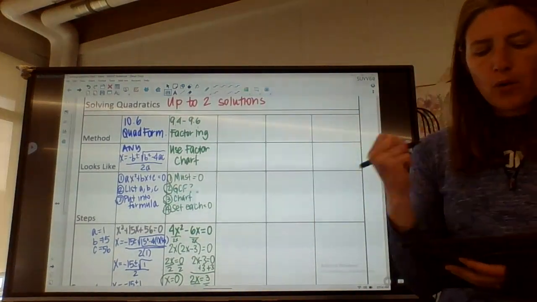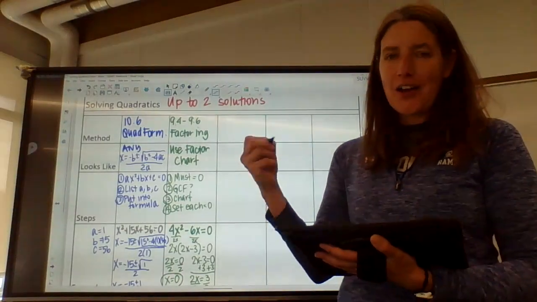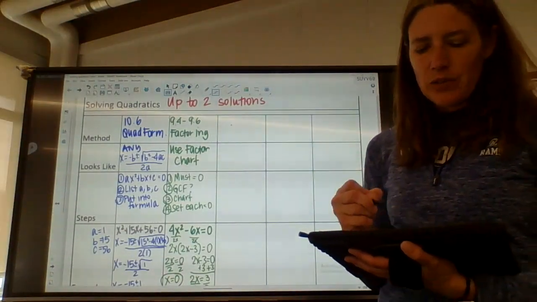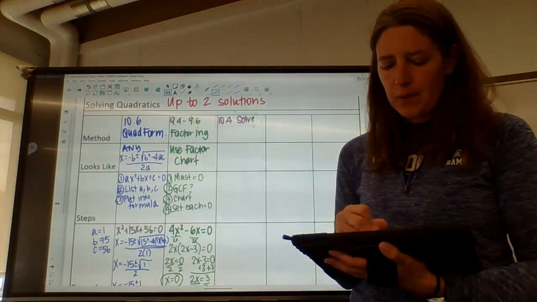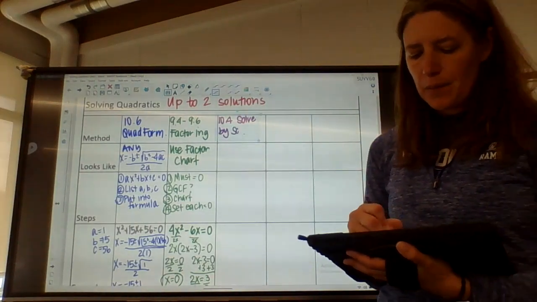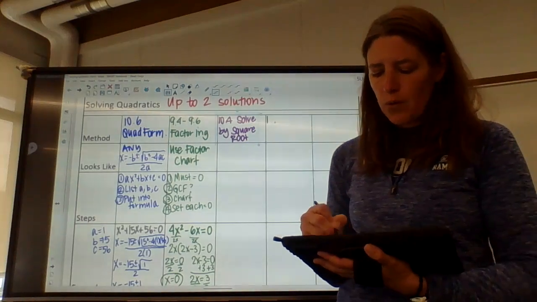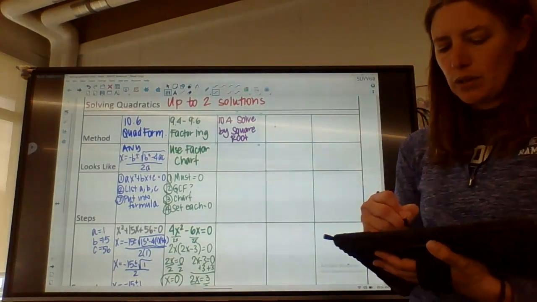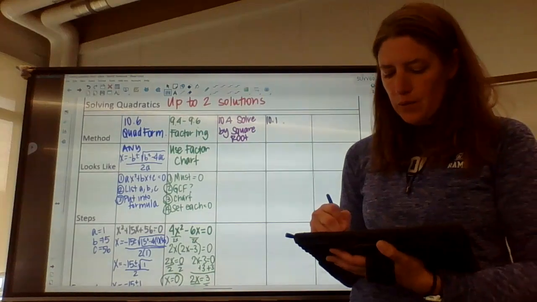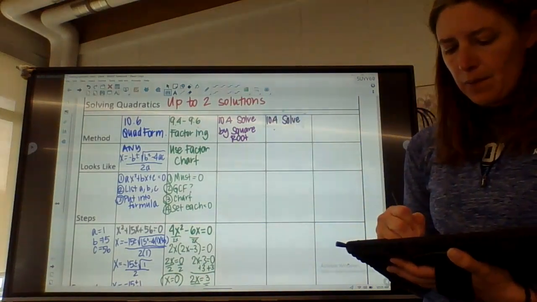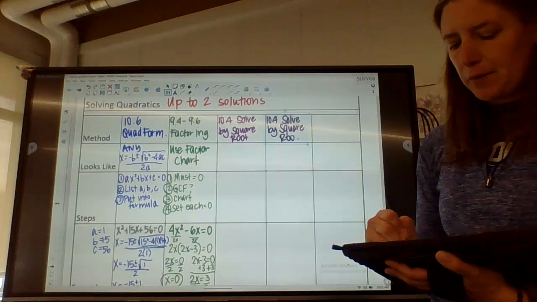Our next 2 are both the square root types. So we learned how to solve square roots 2 different ways. So these were both 10.4. So both of these are solved by square root. They're just set up a little bit differently.